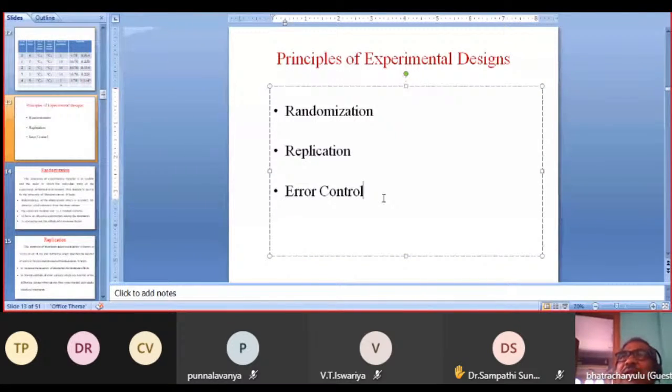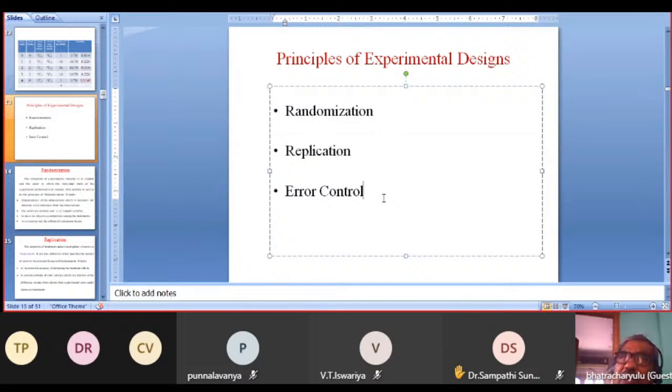So totally you are classifying the errors into two types: chance errors and assignable errors. The chance errors are totally random, not in our control, beyond human control. So those errors are called random errors.